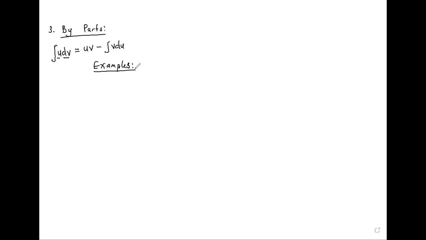Examples. Evaluate a, the integral of x multiplied by e 2x dx. Very, very simple question. So you said, what you let you must be able to differentiate.